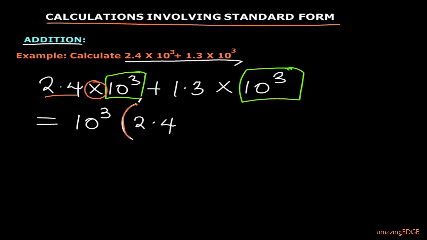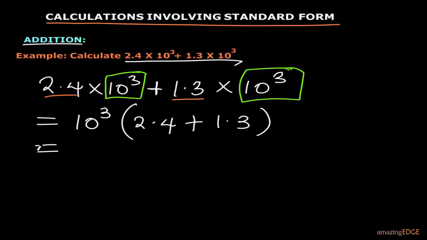When you have a bracket, you're also talking about multiplication, so you don't expect me to write the multiplication again. Now what comes in is the central plus, which is connecting the two parts of this expression. So you have plus, and what remains here is 1.3.